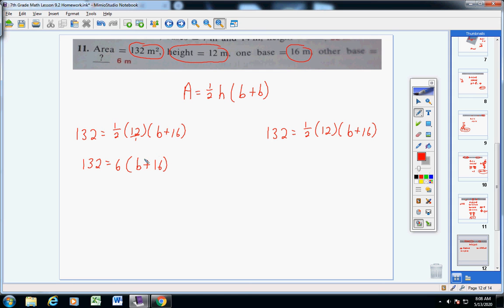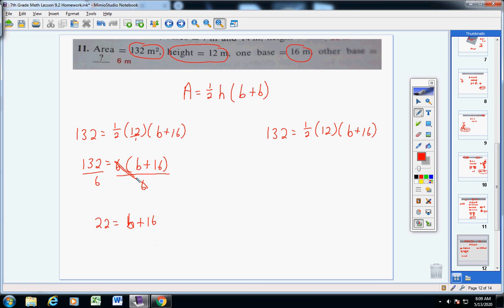Notice this 6 is multiplying the entire parentheses right here. So really, you could do the opposite. You could divide by 6. These cancel, and that leaves you with 22. 132 divided by 6 is 22. 22 equals what? b plus 16.